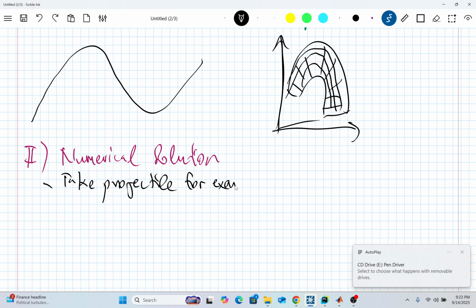This is the exact solution. Why? Because you can input any t into those functions and you will have a value, and that value will be the exact value that you expect from the second law of Newton. You solve this equation, okay?